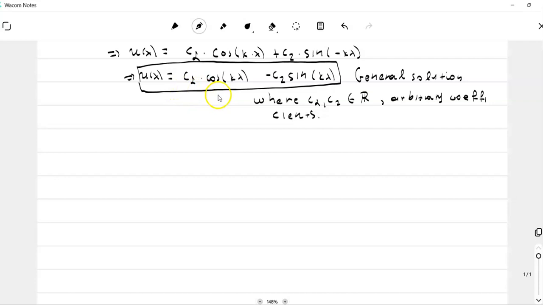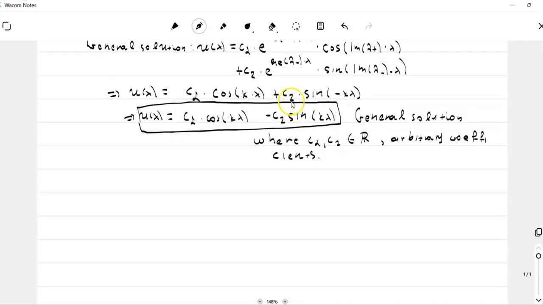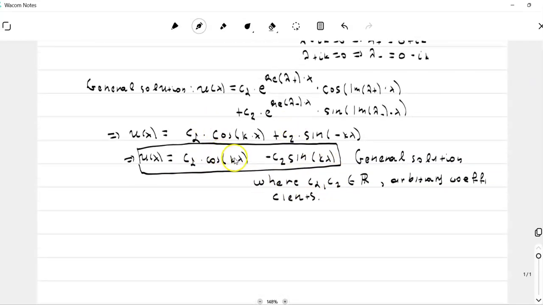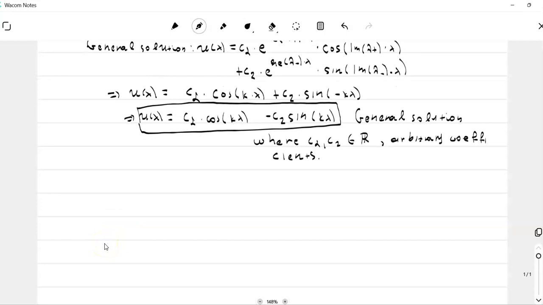So I have obtained my solution, and now I can check if this solution satisfies my ODE. So I take the function u of x is c1 times cos kx minus c2 sine kx.